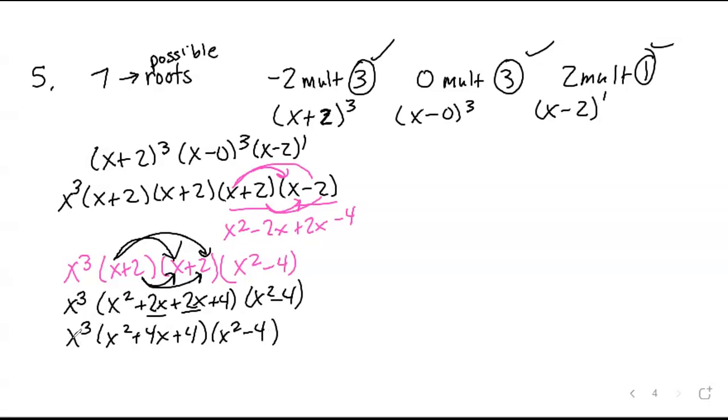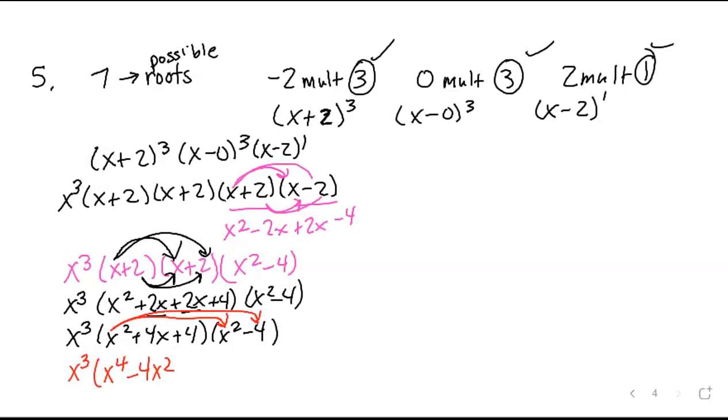Okay, and like I said, I like to save that x to the third, this x by itself over here, to the end. So I would go straight to multiplying x squared times x squared. I still have x to the third. x squared times x squared, that's x to the fourth. I also have to multiply x squared times the negative 4. So that's negative 4x squared.